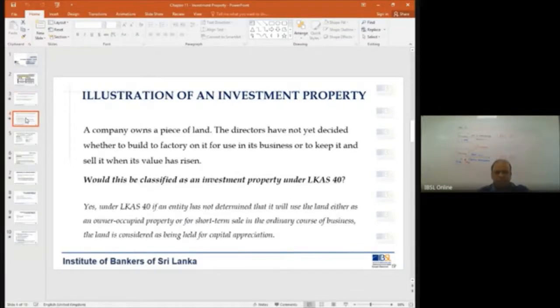Then we looked at this example where a company has a piece of land and the directors have not yet decided whether to put up a factory or to keep it for sale when the value goes up. So if the company is undecided on what to do, then it means that the company is holding this property for capital appreciation. Therefore, it can be considered under LKS 40.